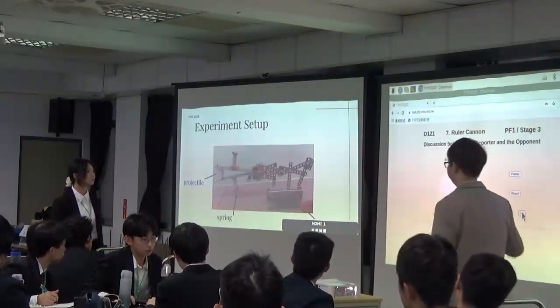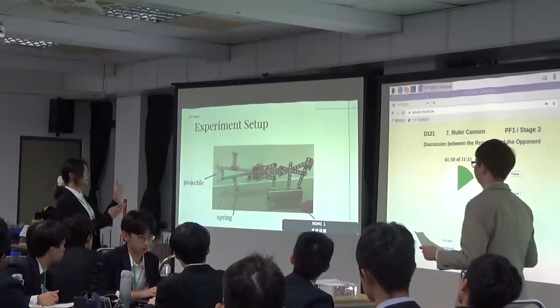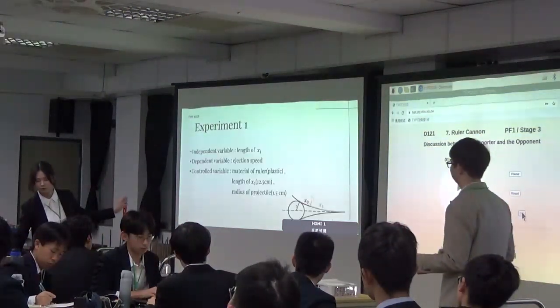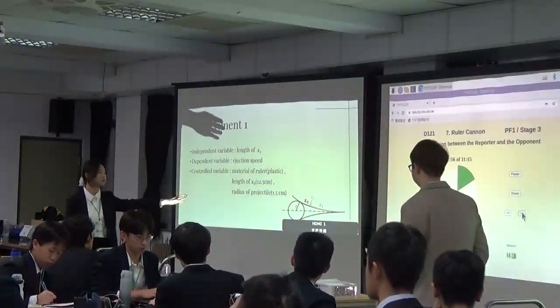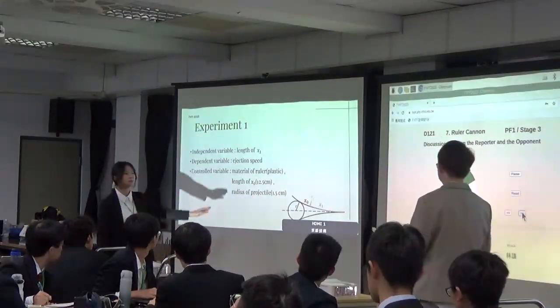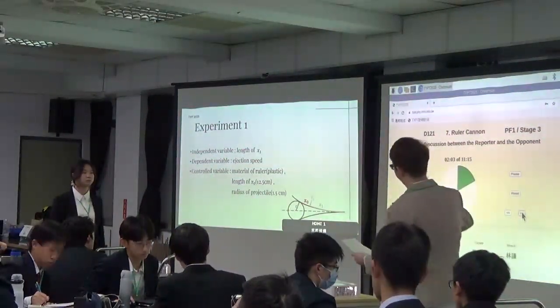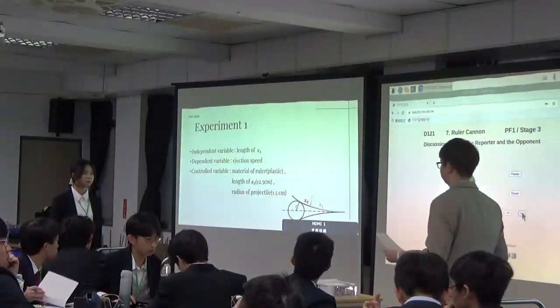So you apply force at the middle. I have changed the position that I exerted the force in my experiment 1. My experiment 1 is that I changed the position that I give the force to the ruler. Can you ensure that the force that the ruler experiences is the same throughout the ruler?